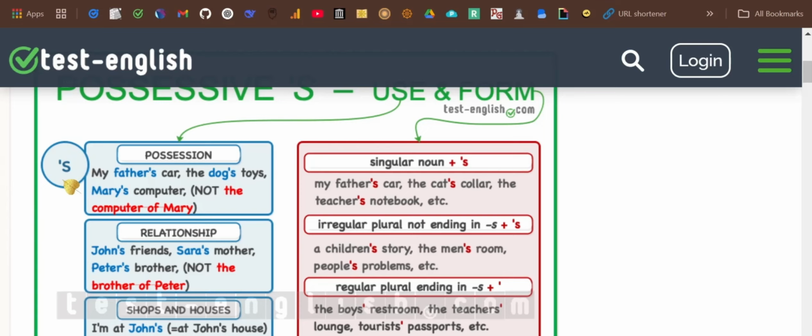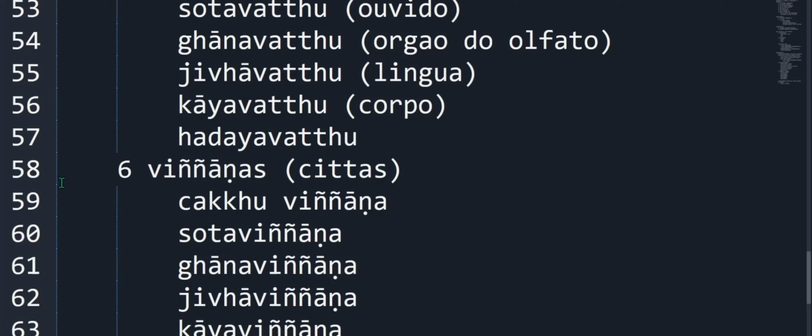Apostrophe. Can you say this word? Apostrophe. Okay, I'll write it. Coffee? You want to drink coffee?